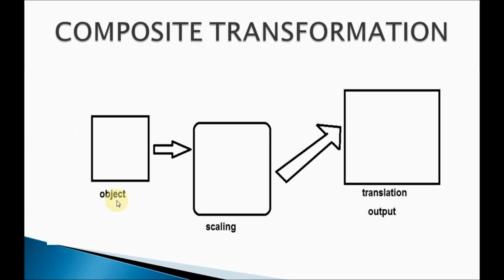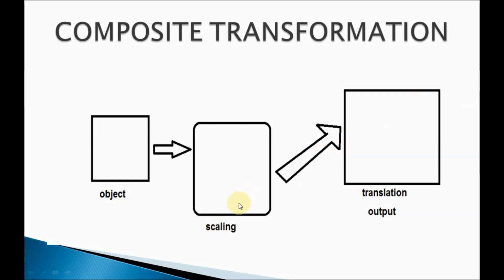See, this is an example of a composite transformation. This is the square object here. For this single object, I'm applying two transformations. I'm applying scaling, and I'm applying translation also. For the same object, the square, I applied scaling first. That means I increased the size of the object.